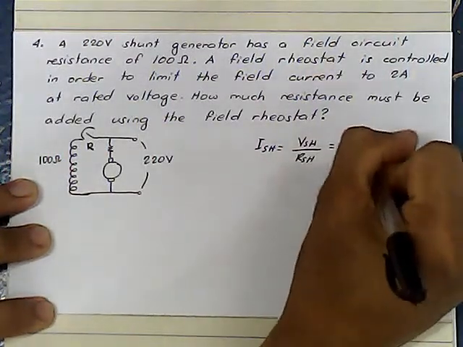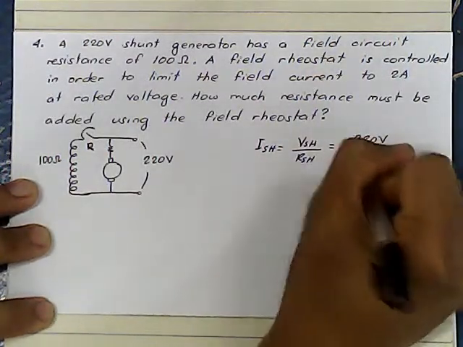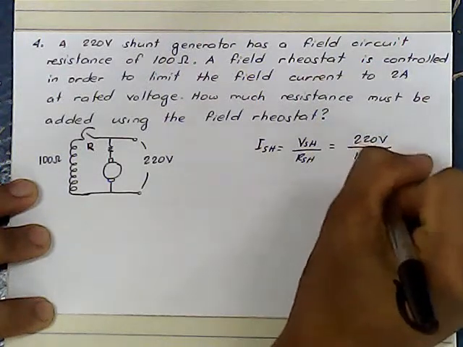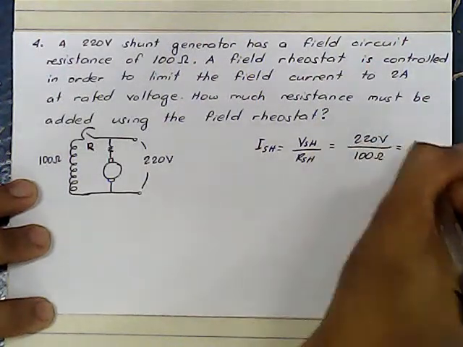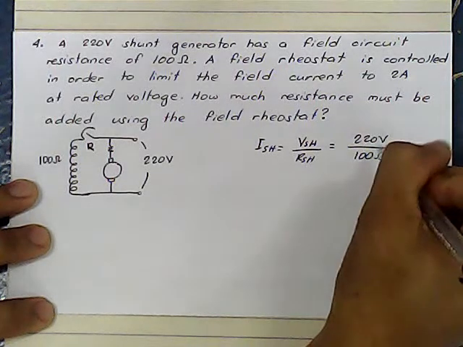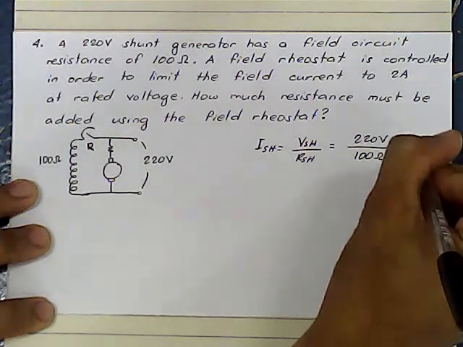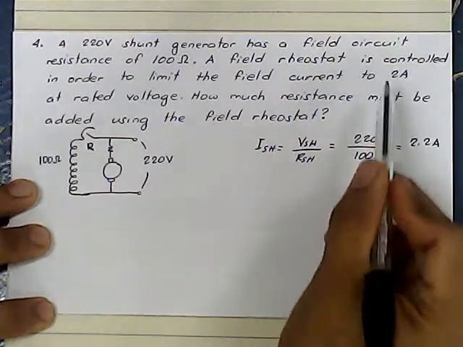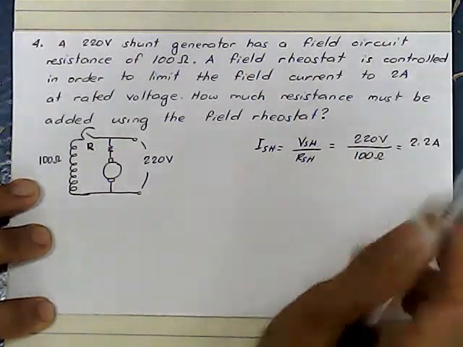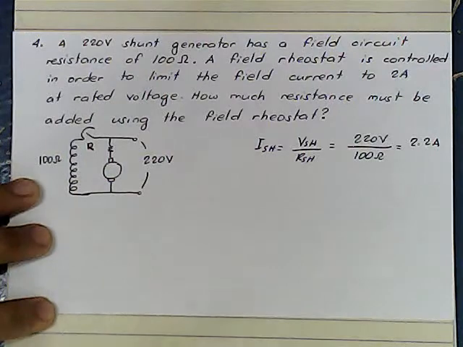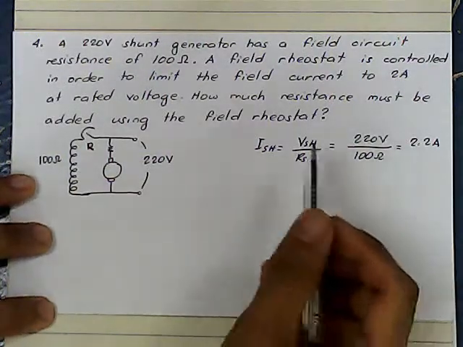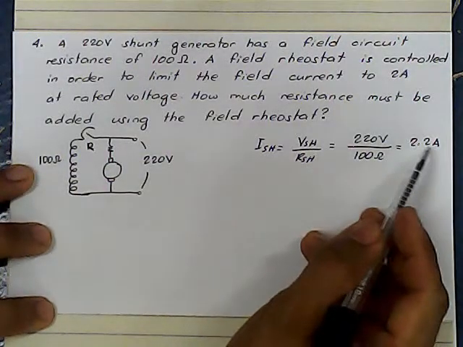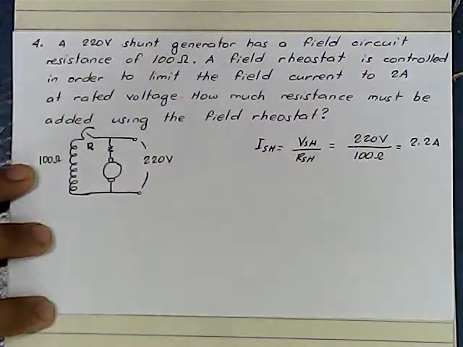Ngayon, 220 volts, divide that by 100 ohms. Ang kuryente natin dito, okay, 220 over 100 is 2.2 amperes. Eh, kinakailangan natin daw i-limit into 2 amperes yung ating field current. Eh, dito sumobra siya ng 0.2. Ngayon, magdadagdag ulit tayo niyan.